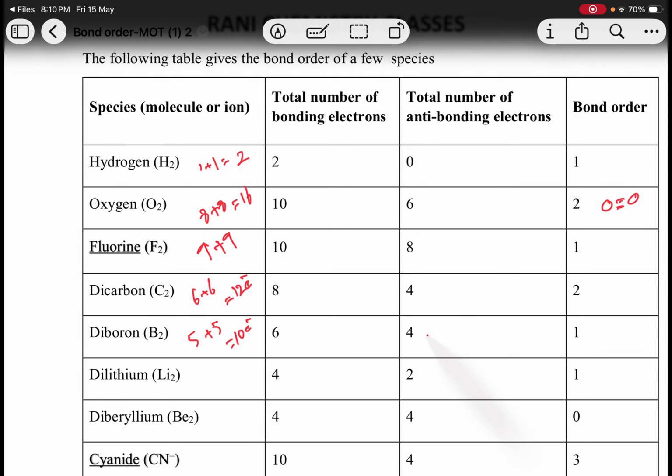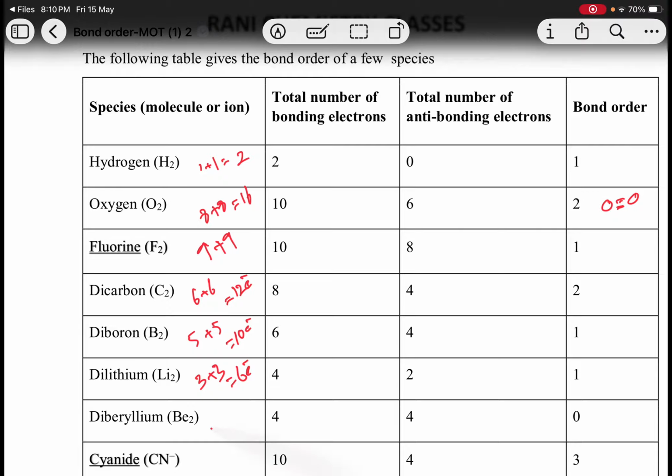Bonding are 6, antibonding are 4, bond order is 1. Dilithium Li2: lithium atomic number 3, 3 plus 3, so a total of 6 electrons. 4 bonding electrons, antibonding electrons are 2, bond order is 1.